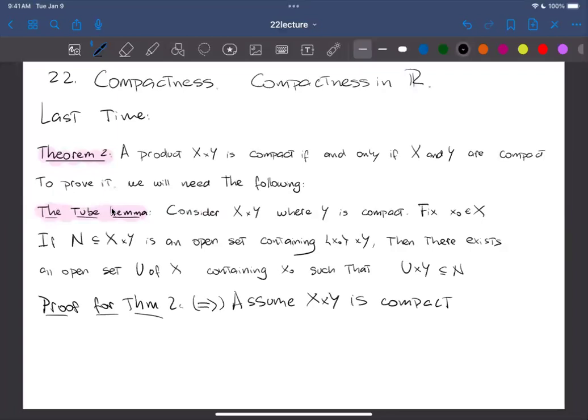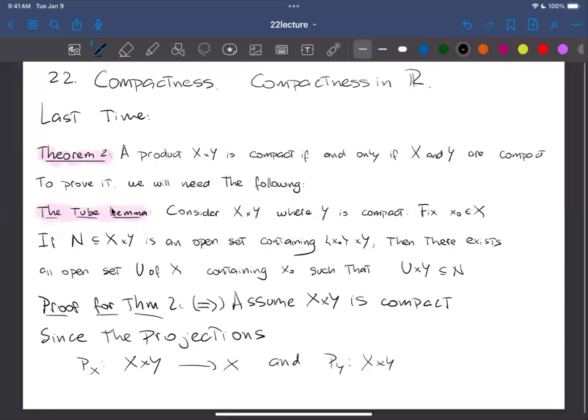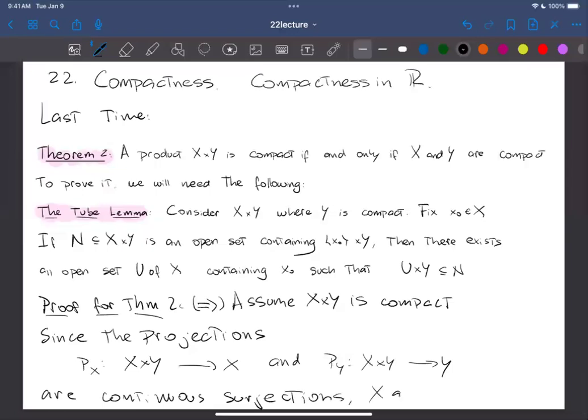So assuming X cross Y is compact, we have continuous projections from the product X cross Y to X, let's call this maybe p_X, and p_Y from X cross Y to Y. Since these are both continuous projections, we can be sure that X and Y are compact, because we know any image of a compact space under a continuous map is going to be compact. Okay, so that was the easy direction.